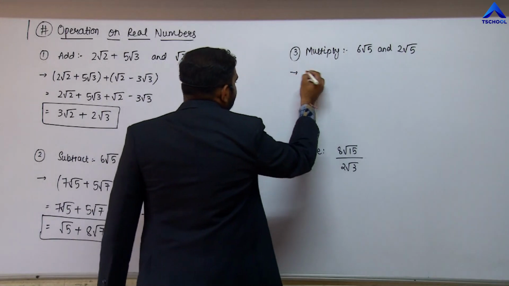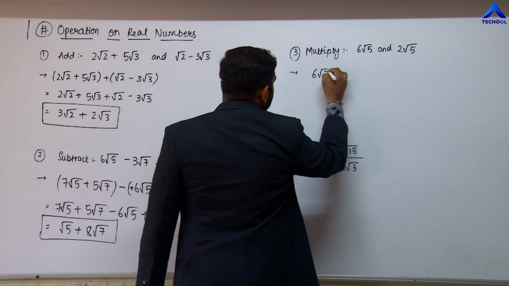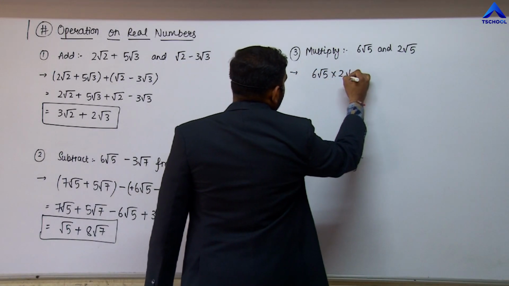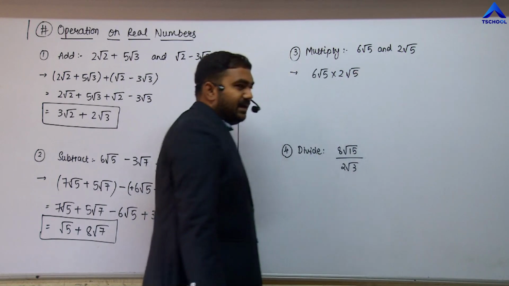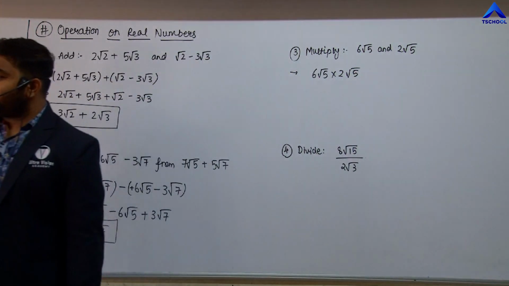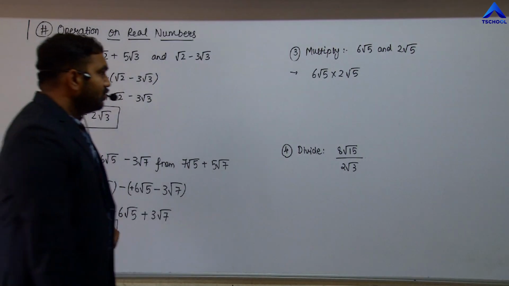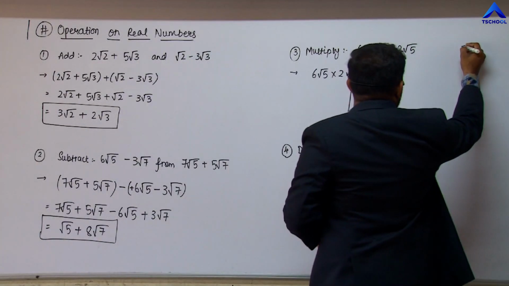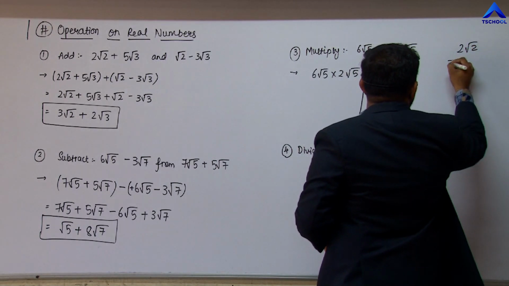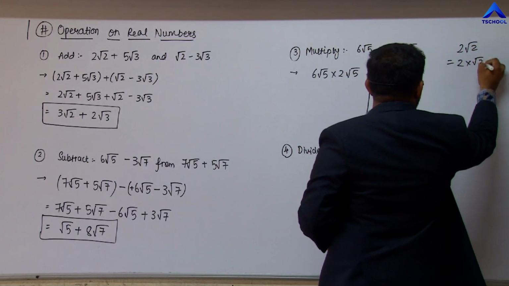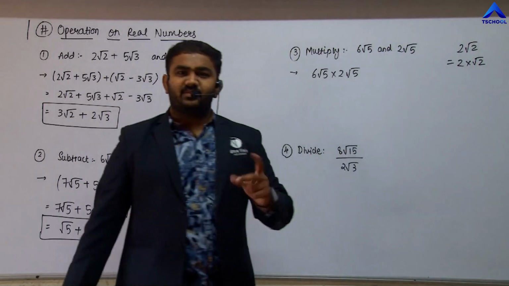So multiplying this both means 6 root 5 into 2 root 5, right? Now as I said here, this 2 root 2 simply means 2 times root 2. So if I say that I am having a number 2 root 2, this can be written as 2 into root 2. 2 times root 2, that means 2 into root 2.